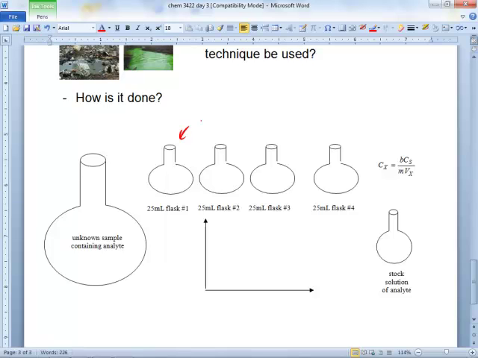Okay, so what you're going to do is call these flasks 1, 2, 3, 4, otherwise it's hard to distinguish them. Oh, they are numbered.